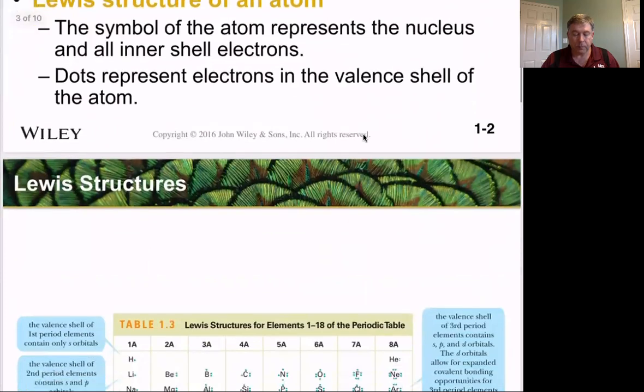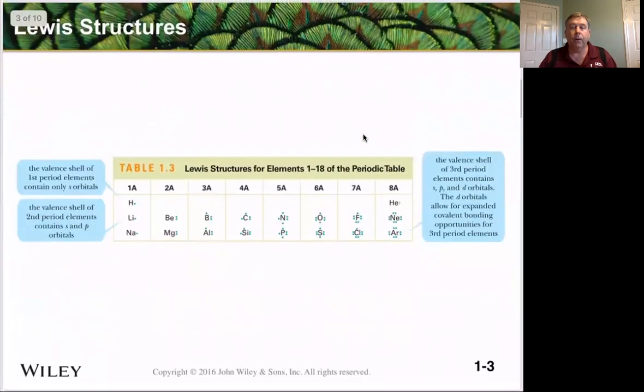Like I said before, we can look at the different electrons on those valence shells. Again, it's only the outside one. If we look at this table and say hydrogen, as a neutral hydrogen, only has one electron in an s orbital, and that's the only electron it has. Therefore, that's its valence electron.